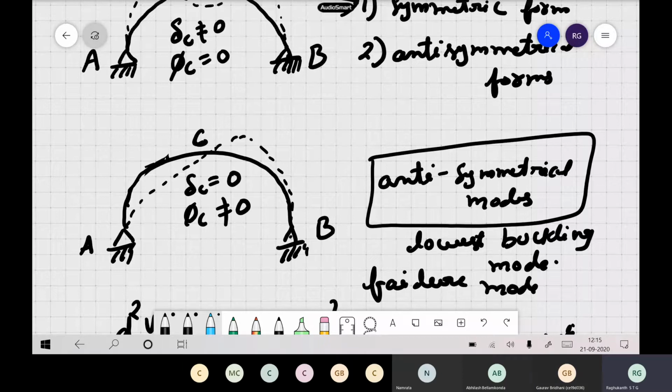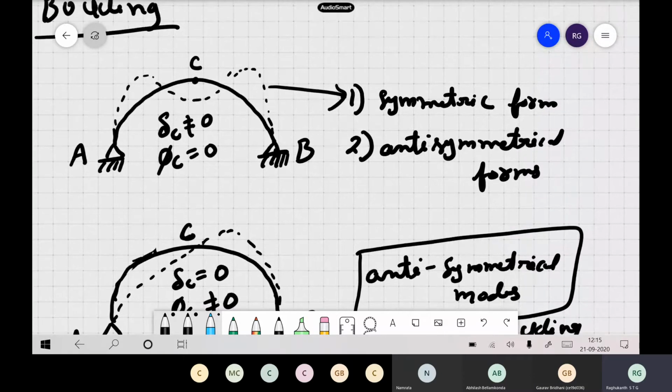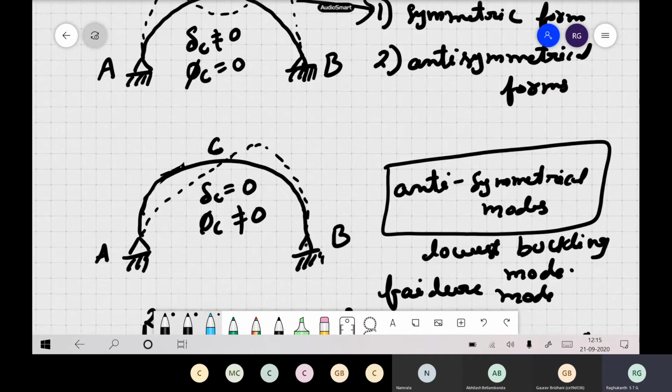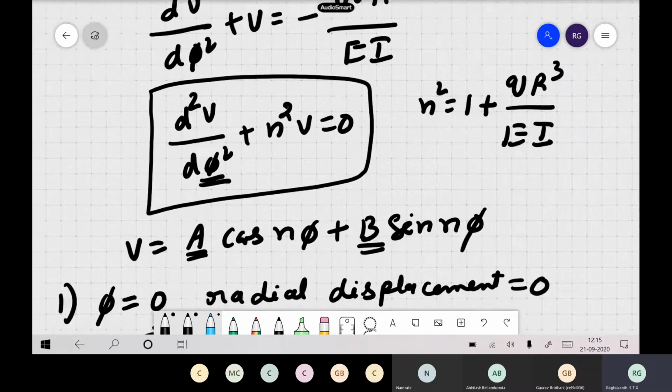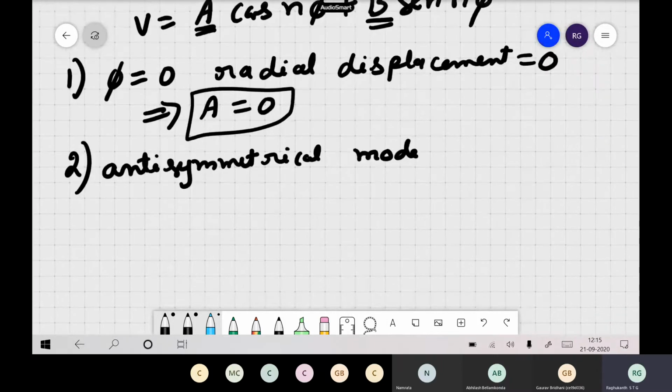That means v is equal to 0. Now if you assume it is a symmetric mode, what boundary condition would you use? The slope, that is the angle, becomes 0, so that you have to use. Since we are assuming the anti-symmetrical mode, we can use this case itself.